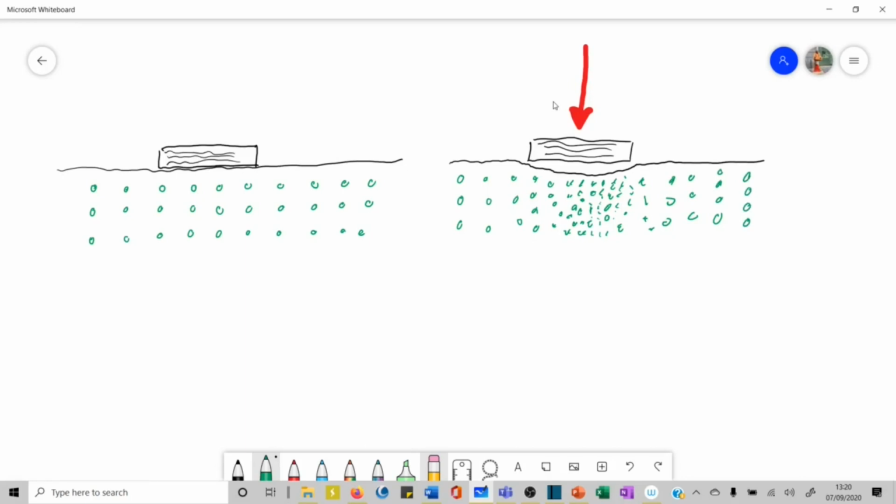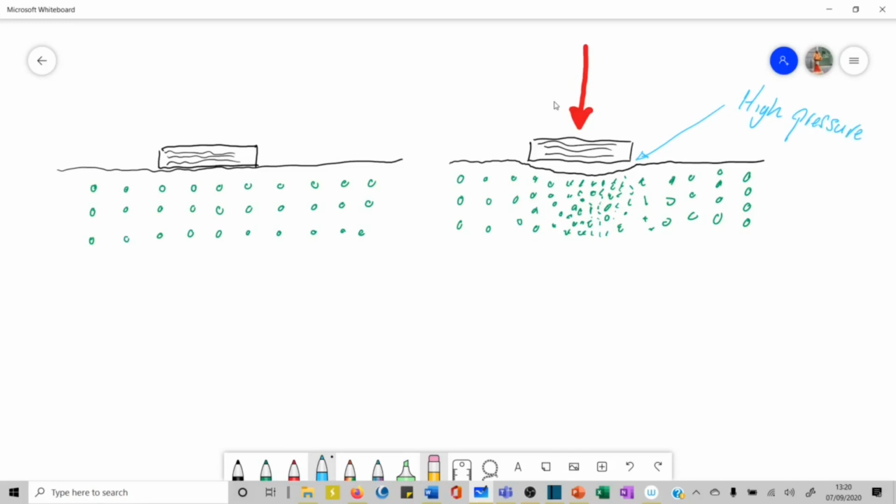So if we take a look at this area here, we can see that there's a condensation where all the molecules are being crushed together. That's as a result of the energy that was created when the book was slammed onto the table. So at this point here, we've got an area of high pressure.